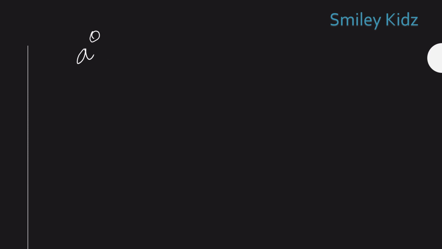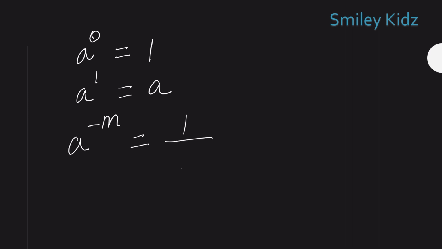a raised to the power 0 is equal to 1. a raised to the power 1 is equal to a. a raised to the power minus m is equal to 1 upon a raised to the power m.